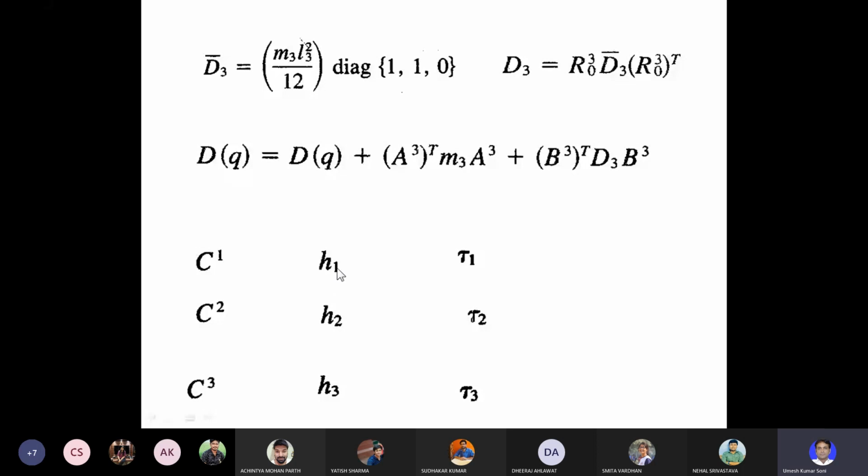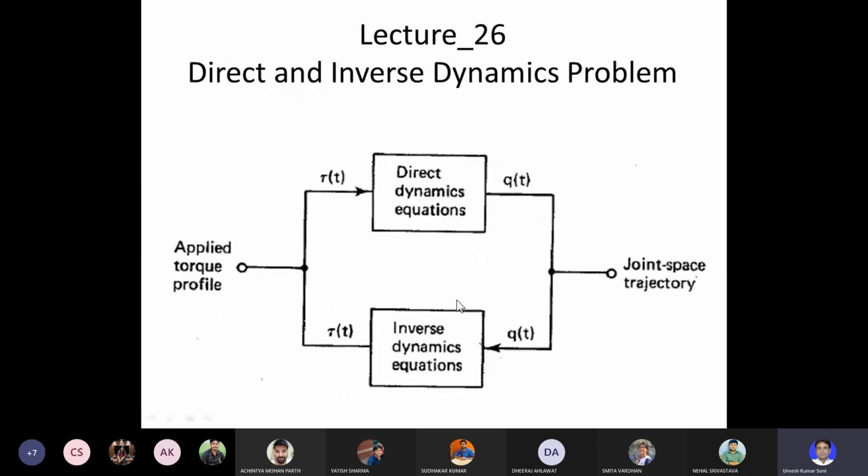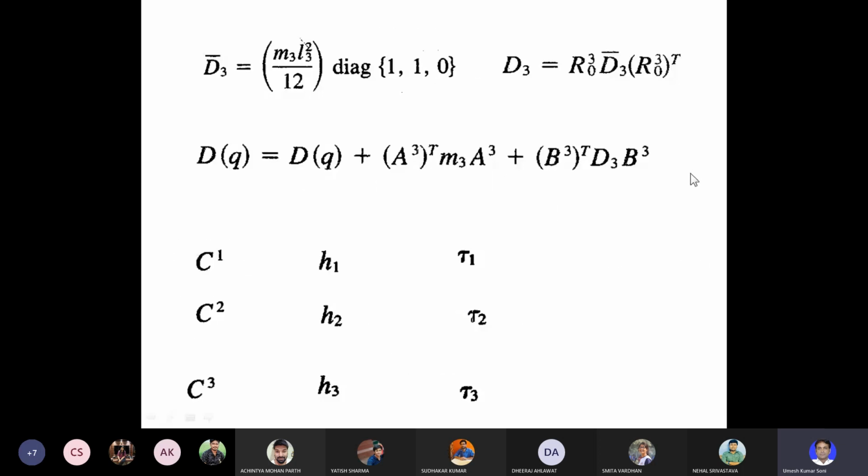Then you calculate the H1. There is an equation for H as given previously, and based on this you obtain the required torque. Okay, so in this way you find the required torque at the joint 1, joint 2 and joint 3.